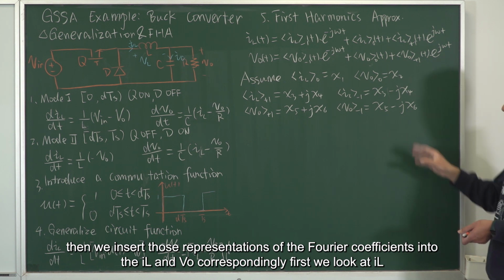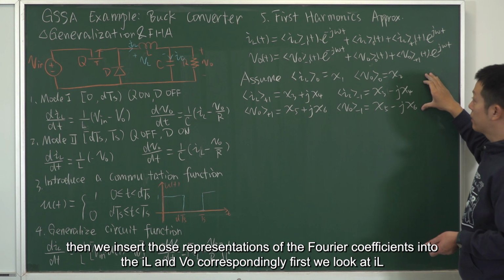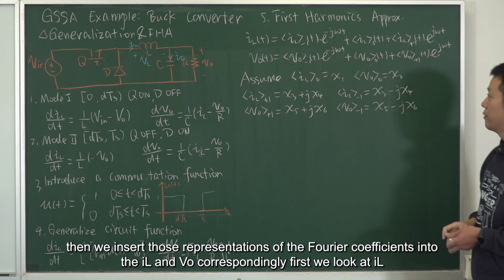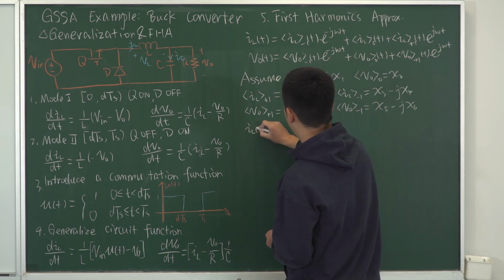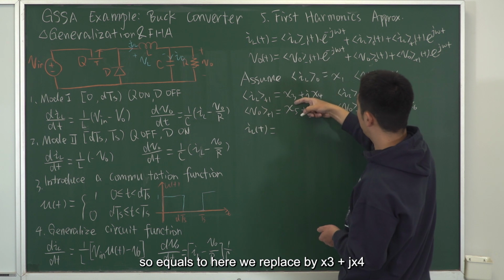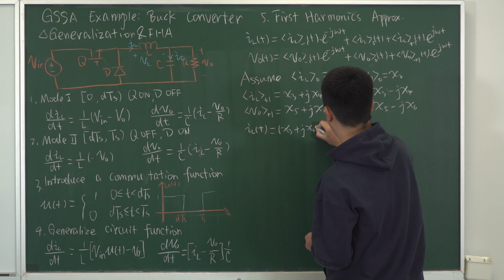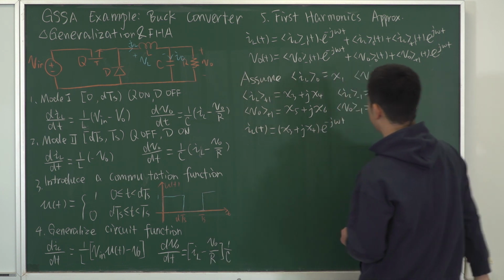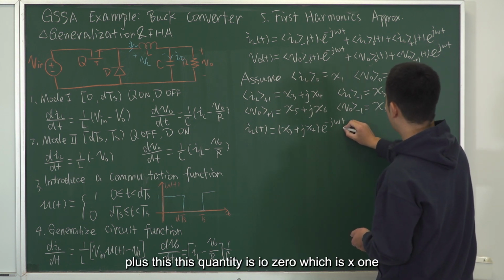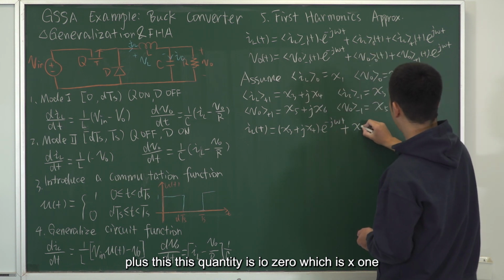Then we insert those representations of the Fourier coefficients into the IL and the VO correspondingly. First, we look at IL. So it equals, here we replace with x3 minus jx4 times e^(-j omega t), plus this quantity is IL0, which is x1.